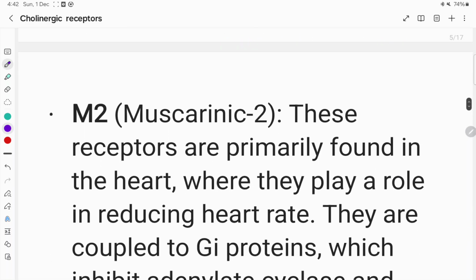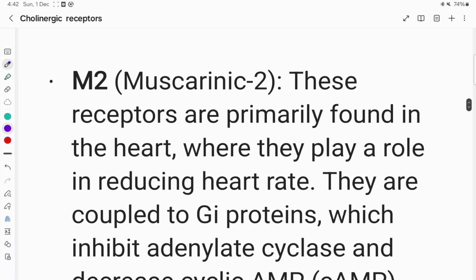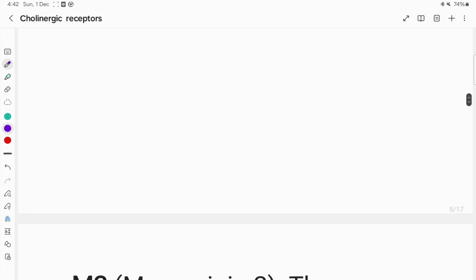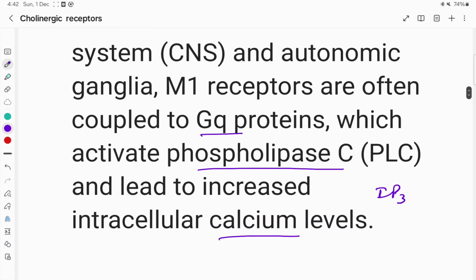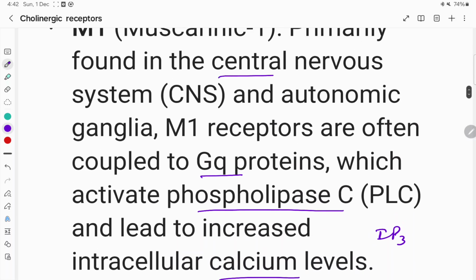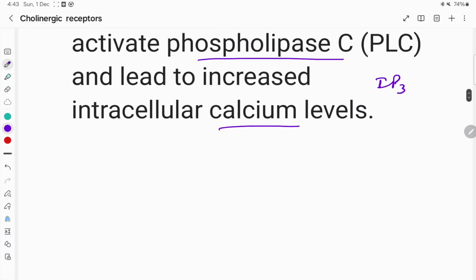Then M2 receptors, they are primarily found in heart. M1, in addition to the central nervous system and autonomic ganglia, is also located in the GIT, where it regulates gastric acid secretion.